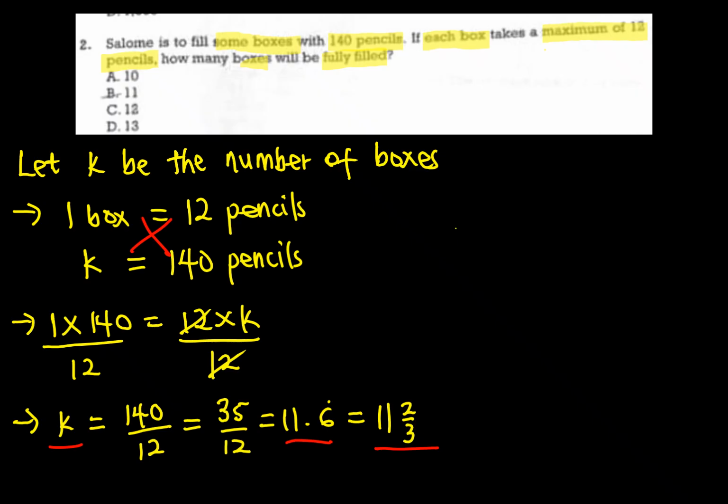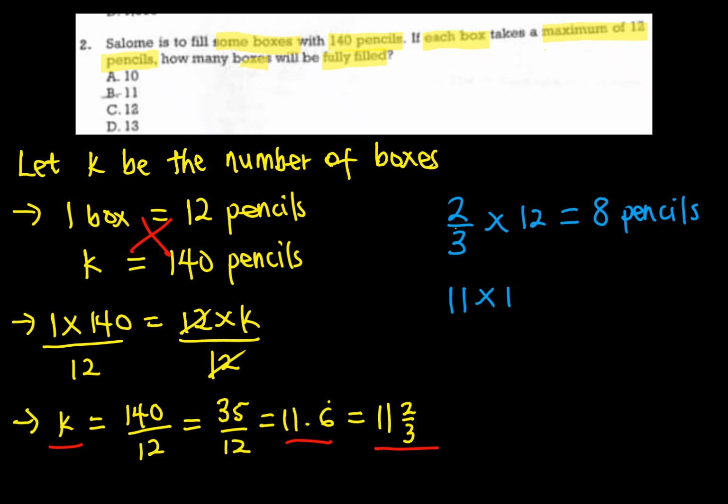If you want to verify that, we can pick the 2/3 of the box then multiply by the maximum number of pencils, which is 12, and this is going to give us 8 pencils, meaning that the two-thirds of this particular box is going to be filled with 8 pencils. Now let's look at the 11 boxes.